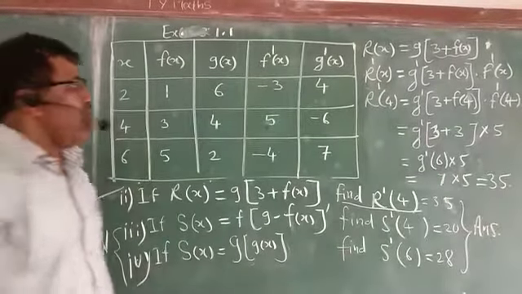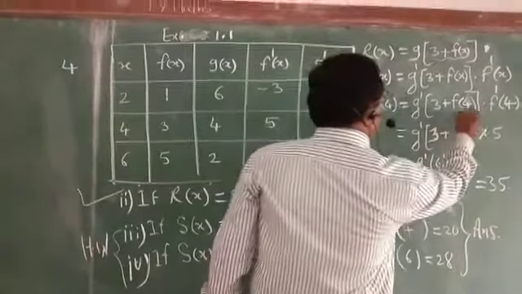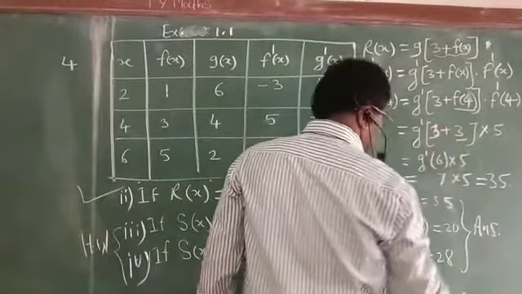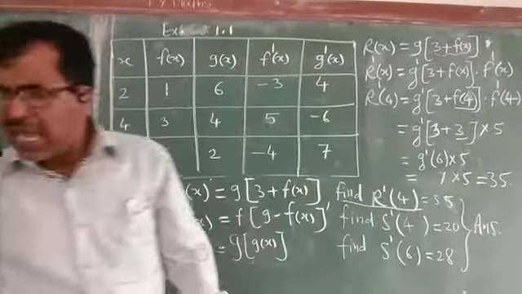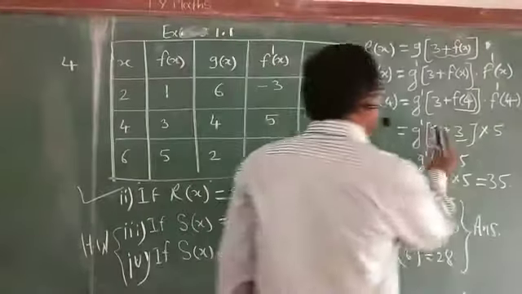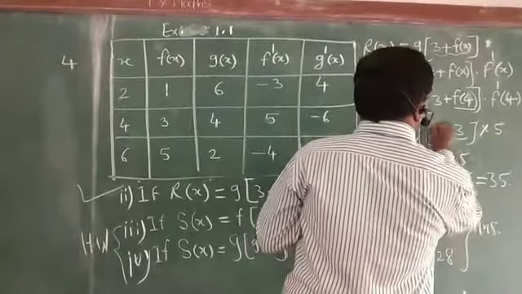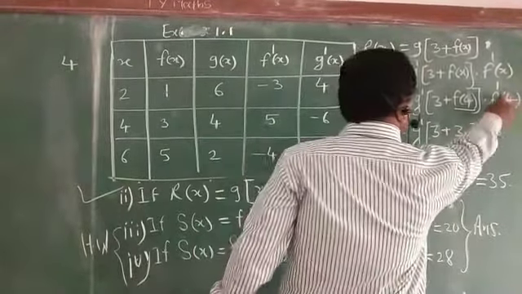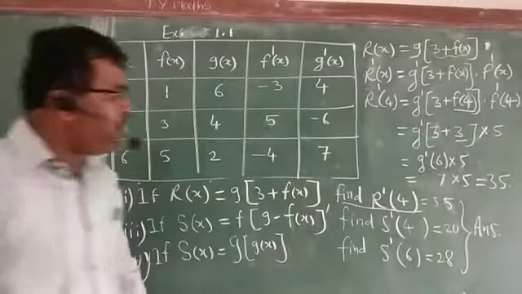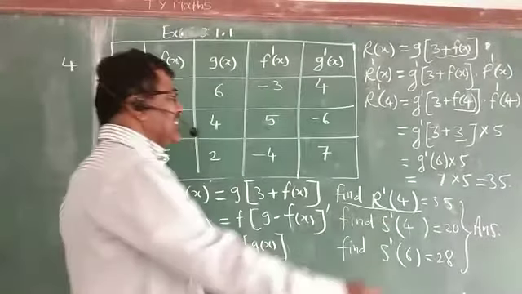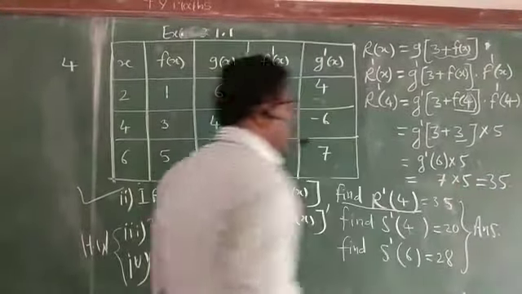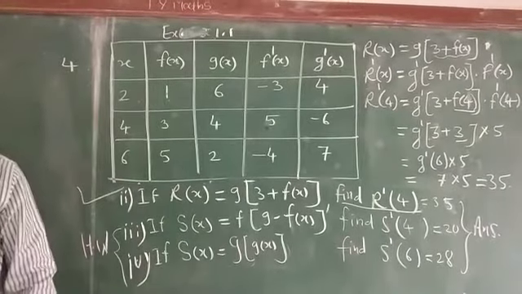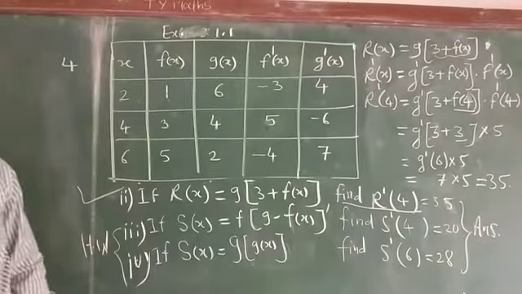From table, f of 4 equal to 3, so 3 plus 3, that is g dash 6 into f dash 4 equal to 5. G dash 6 equal to 7, that is equal to 35.